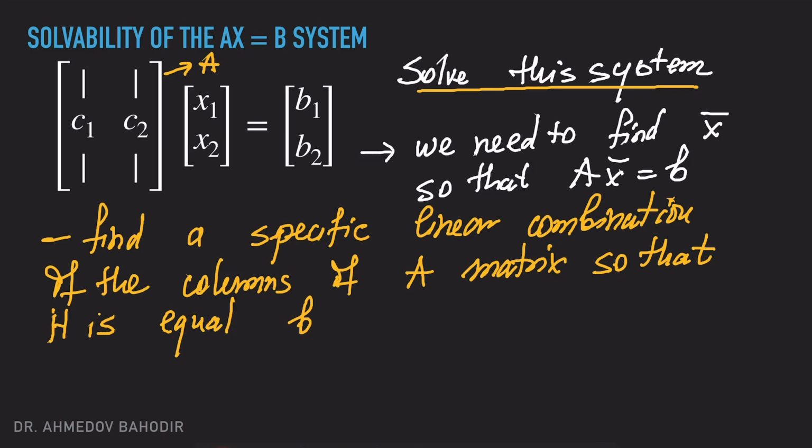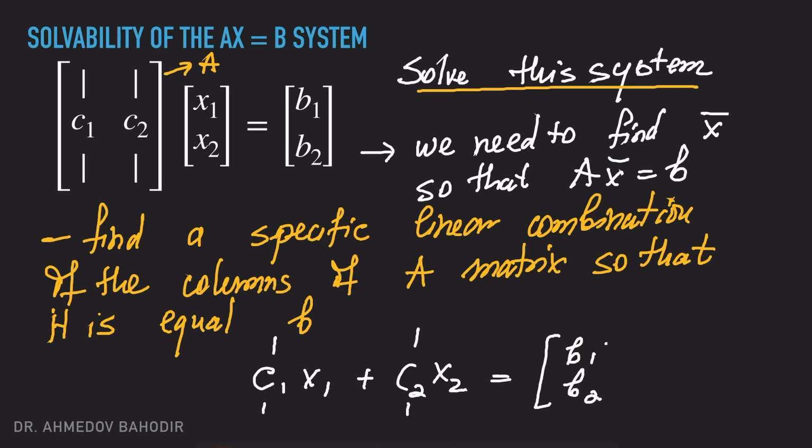So essentially, you need to figure out the two constants, x1 and x2, so that if you combine the columns of this matrix, C1 times x1 plus C2 times x2, this should be equal to b1 and b2, okay? And could you please tell me when the system of linear equations is solvable?